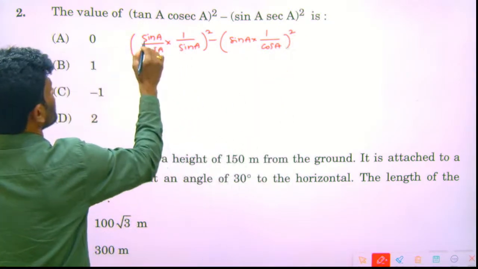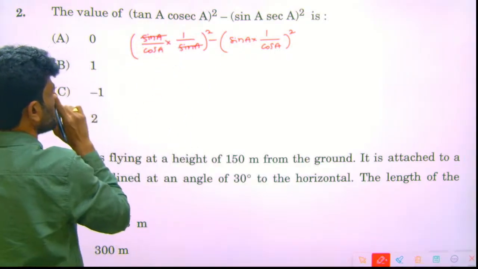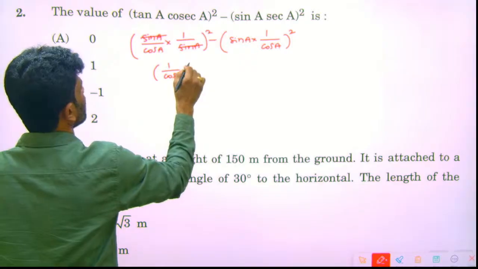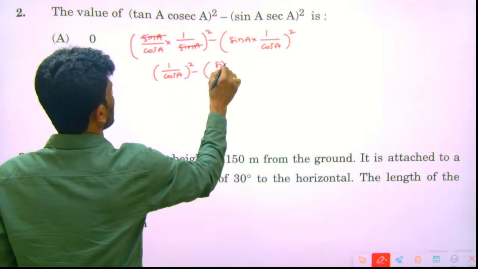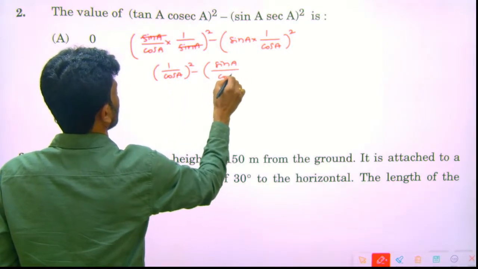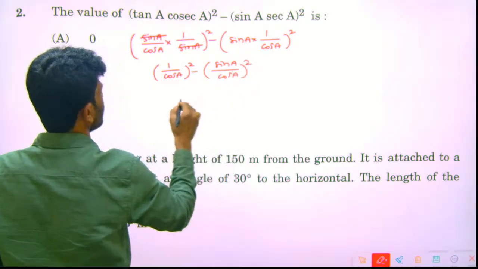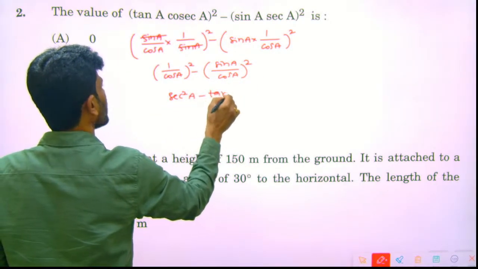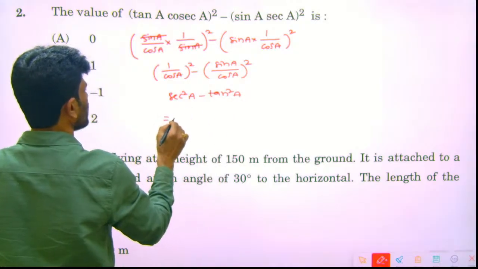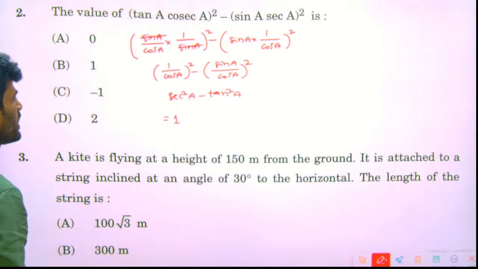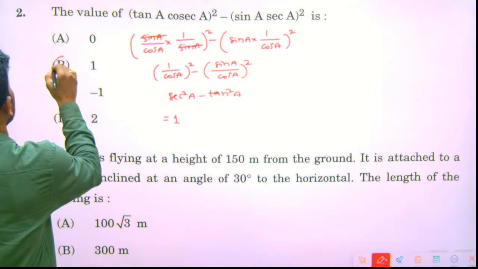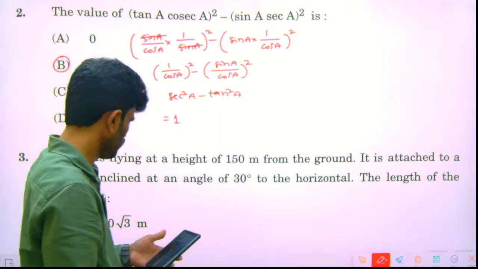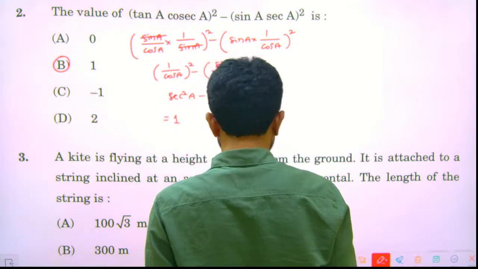So here sin A will be cancelled. Then we get 1 by cos A whole square minus sin A by cos A whole square, which is secant square A minus tan square A, which is 1, because secant square A minus tan square A is 1. Option B is correct, the second one.